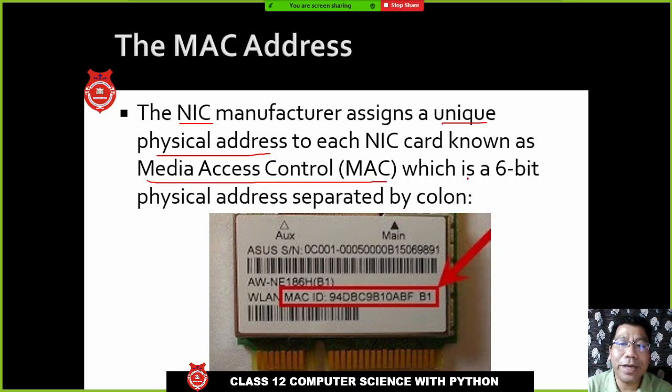It is a unique number given to physical devices, because using phones you are connected to the internet. If you have to connect to the internet, you have to have the MAC address, which is a 16-bit number separated by colon and usually represented in hexadecimal.